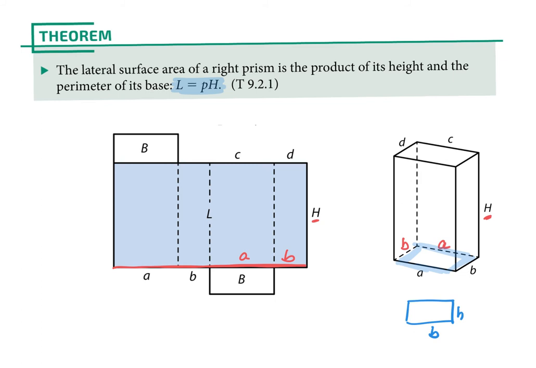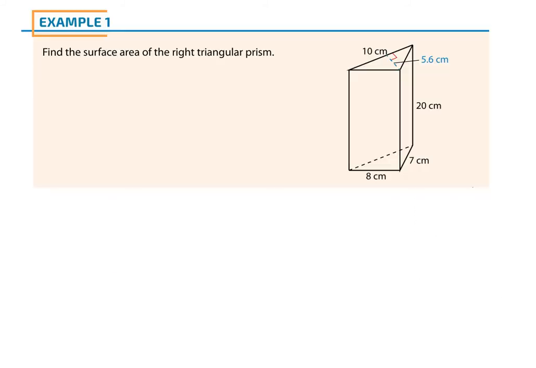They do not want you to confuse that with the height of the prism itself, the actual box. So you'll see that one is always capitalized because it indicates the distance from this rectangle all the way to that rectangle. All right, that is the height they are talking about here, not to confuse it with the height of your base itself, okay? And so your lateral area is calculated by perimeter times your height.